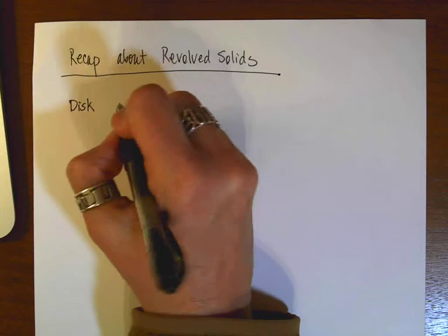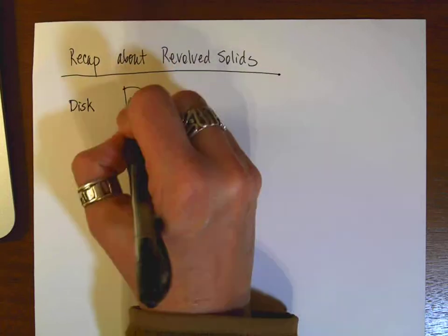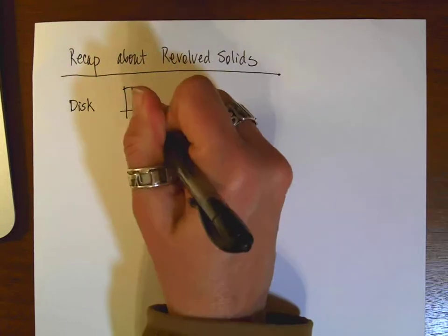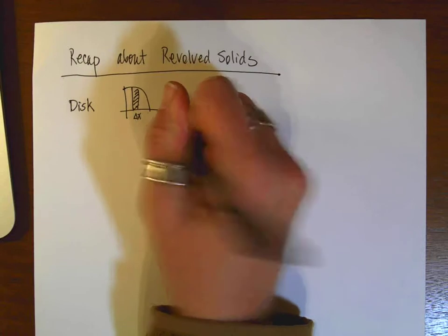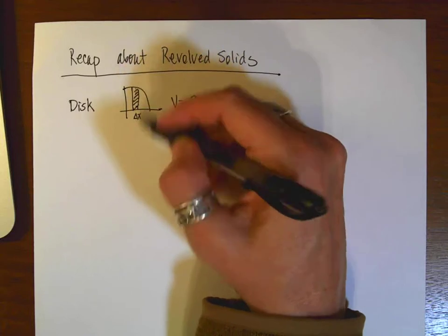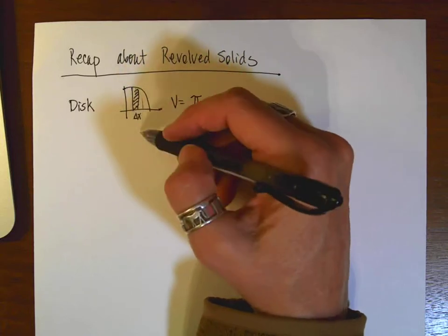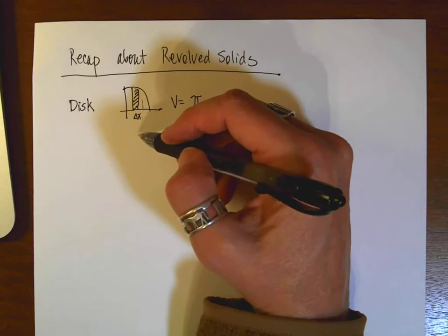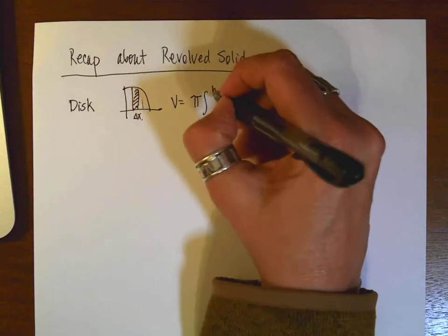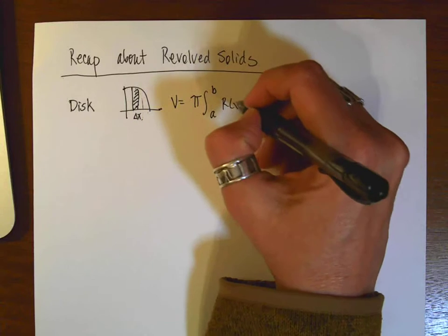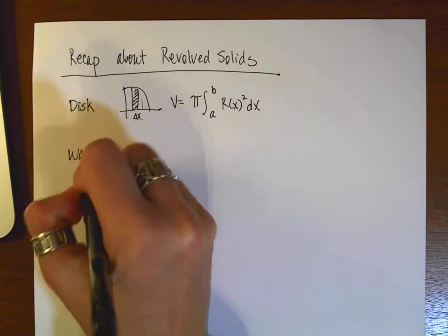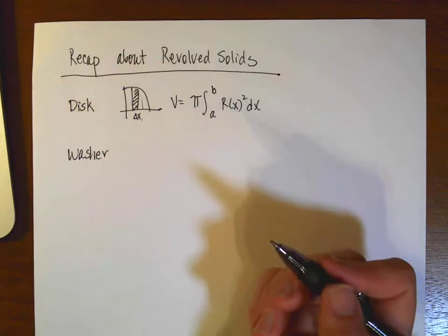All right, so in the disk method, which was the first method that we got, remember that if I have a curve and I draw a disk, right, so this would be my delta x, my rectangle is perpendicular to the axis of revolution, so the volume would be pi, because when I rotate this about the axis, it creates a disk. The area of a circle is pi r squared. The volume is the area of the circle times the thickness. So then I'm going to integrate from a to b, and then I would have r of x quantity squared dx. So that was the first one that we learned.